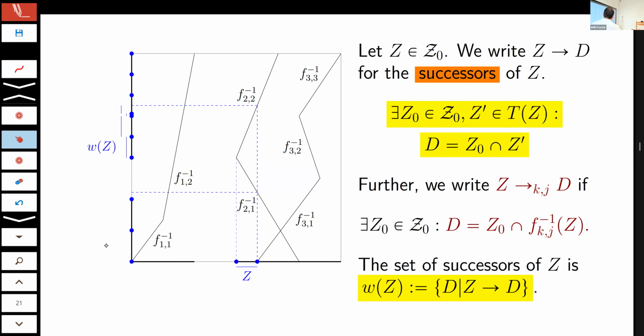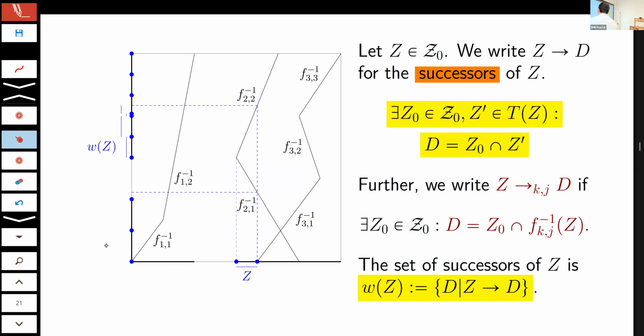So I have this expansive mapping, but I still don't have a Markov diagram. I have to define something called the successor of an interval. So let's pick a monotonicity interval, the Z interval again. Its endpoints are some critical points. We introduce an arrow from Z to D, and we say that this set D is the successor of Z if D can be obtained as an intersection of one of the images of Z by T and one of the monotonicity intervals.